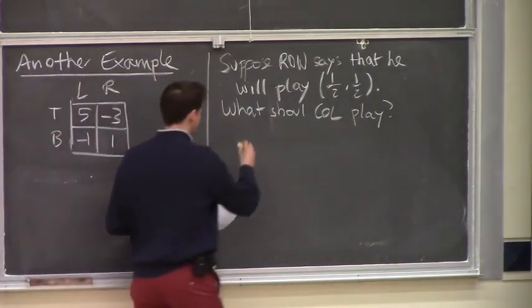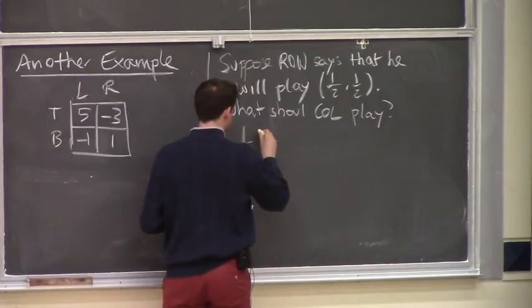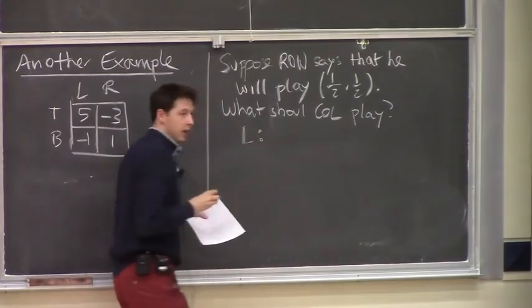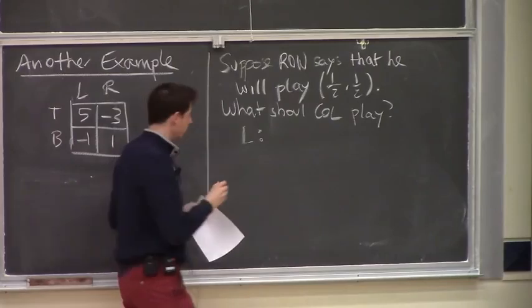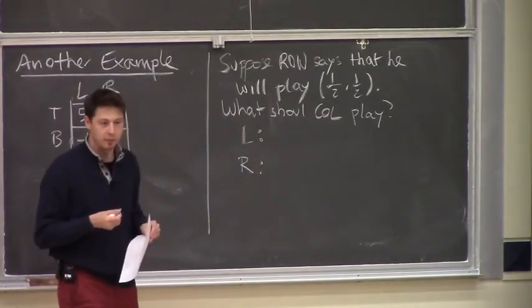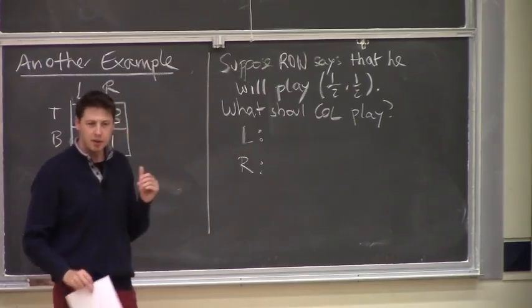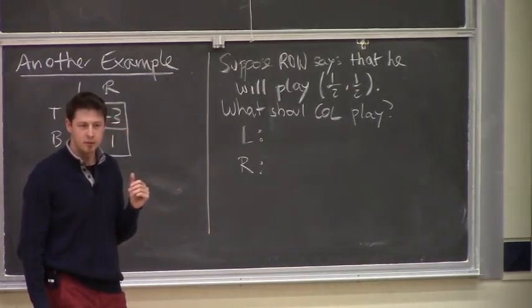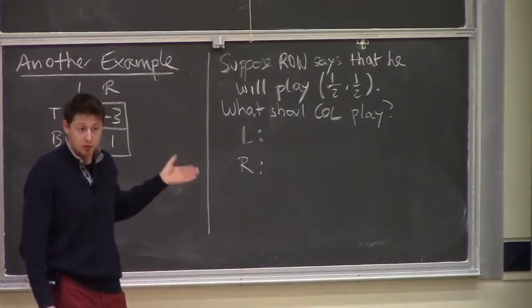Look, he has two options, right? He could play left, he could play right, or some mixed strategy between them. Does it make sense to play a mixed strategy in this case? One of the two will be lower, which is what he wants, right?